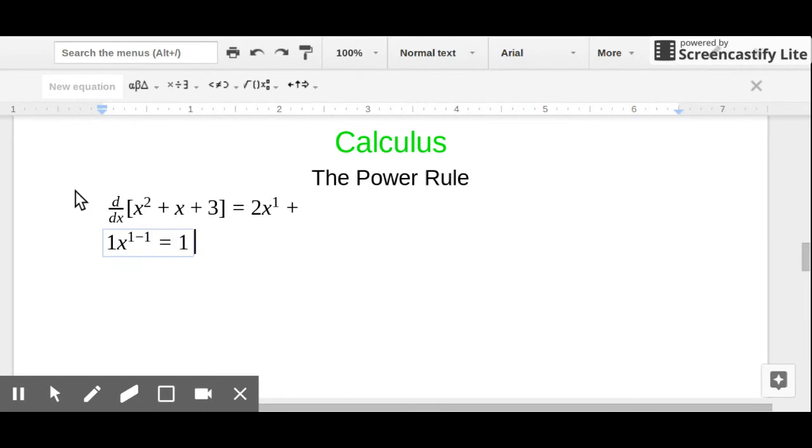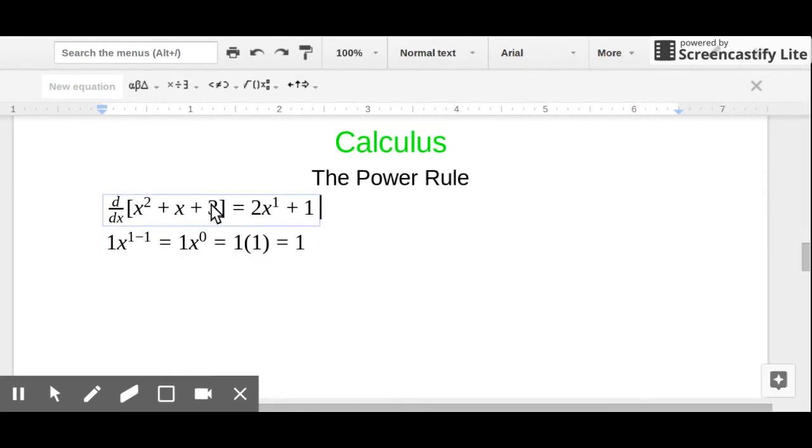What do we end up with? 1x raised to the 0 power. So as you can see here, x to the 0 power is just 1. I'll go ahead and put parentheses around that. Whoa, what happened? So x to the 0 is 1, and 1 times 1 is just 1. So the derivative of x is 1.